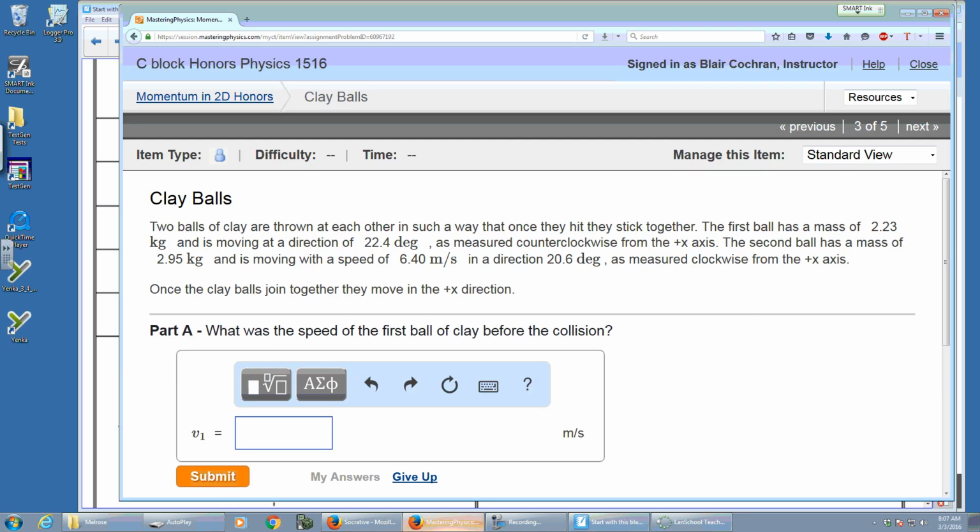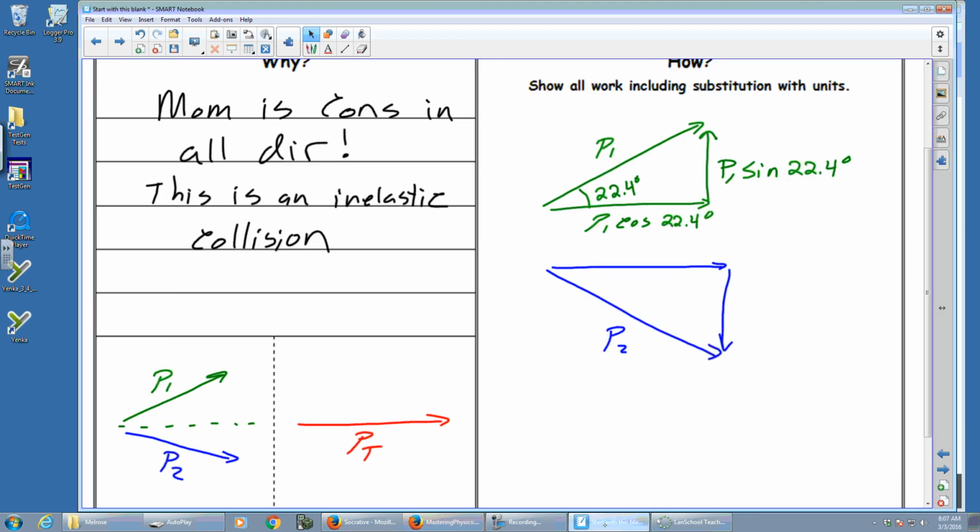Then, the second ball has this mass and is moving at the speed of this in this direction, 20.6 degrees. So this is 20.6 degrees. So this side is P2 cosine 20.6 degrees, because it's adjacent, and P2 sine 20.6 degrees. We good with what I've done? Okay.